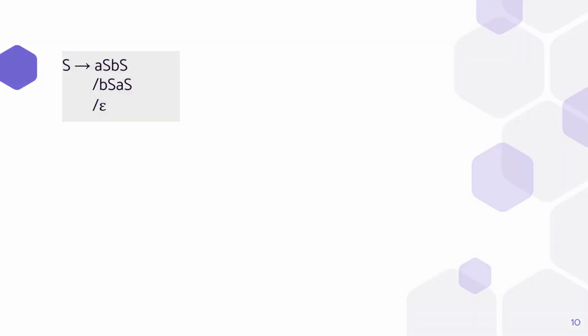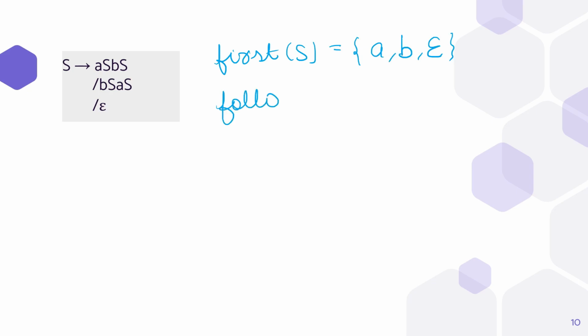Now let's take another example. We have to find first of S. First of S is A, B and epsilon, and follow of S is, here you can see that, follow of S is B, dollar, A. So here you can clearly see that we have an intersection.